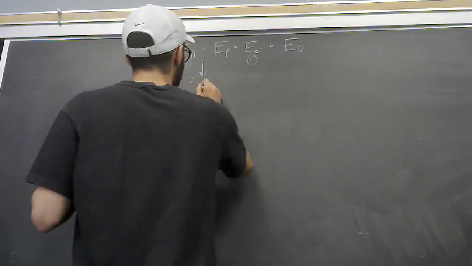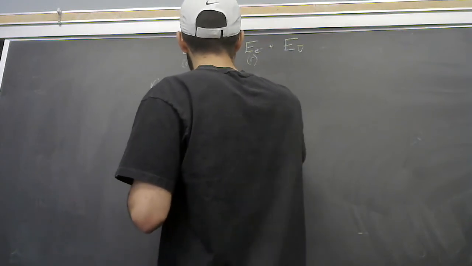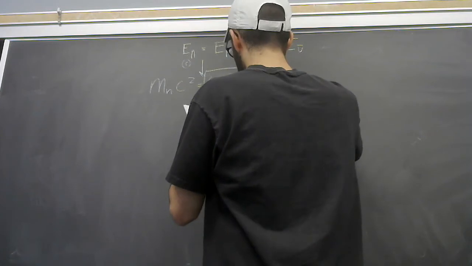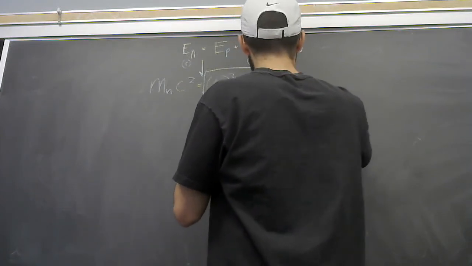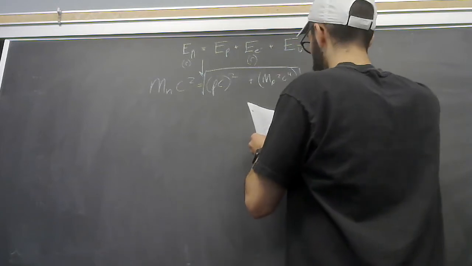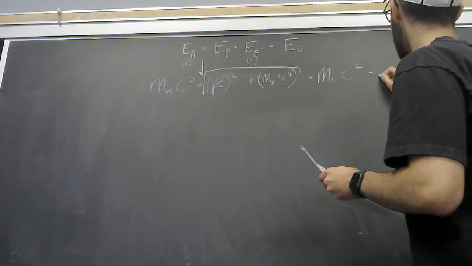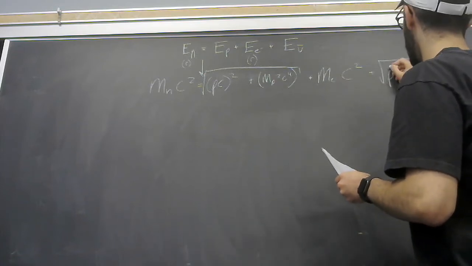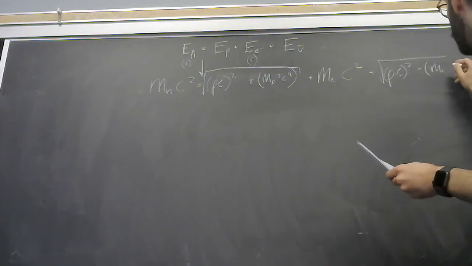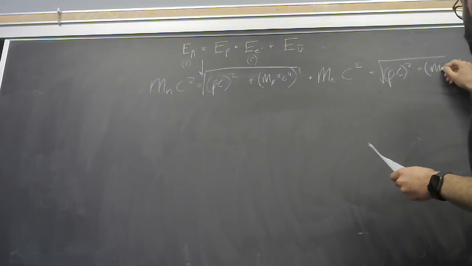Mn c squared equals, and now we need to recognize the total energy. So I'm going to say the square root of pc squared plus Mp squared c to the fourth, close that off, plus the mass of the electron, c squared, also at rest, and then plus the square root of pc squared plus, I'm just going to write it here, but then zero it out, the mass squared c to the fourth, the mass of the neutrino.